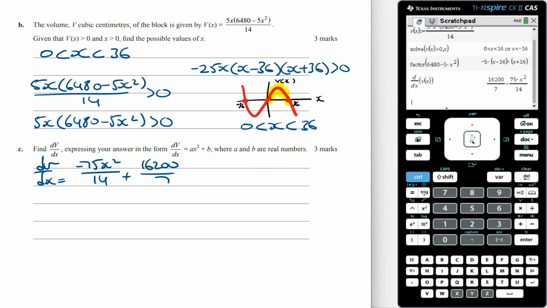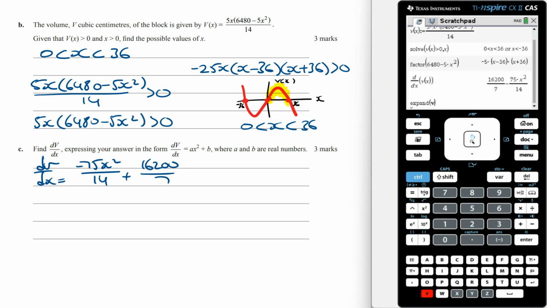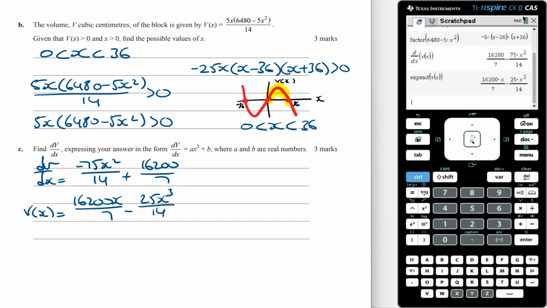working out, then what we would need to do is expand the top brackets of v of x. And so using the calculator, this is going to be, and so we can write v of x in equivalent form as 16,200 times x over 7 minus 25 x cubed over 14.